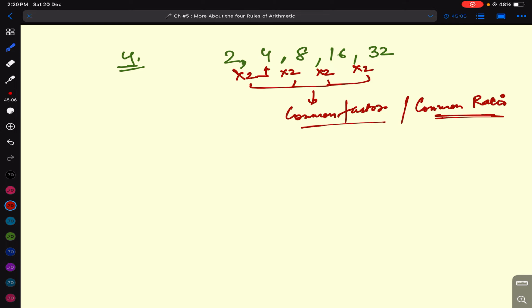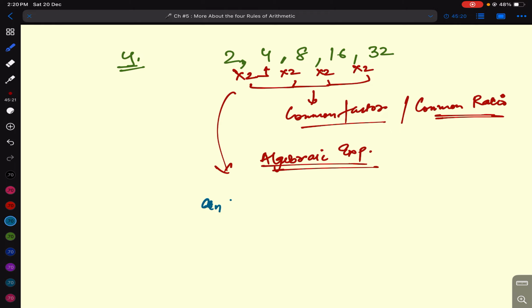We can also write that in an algebraic expression. How do we write that? This is written as an, which is your nth term, equals a1, which is your first term, multiplied with r, which is your common ratio, raised to n minus 1.